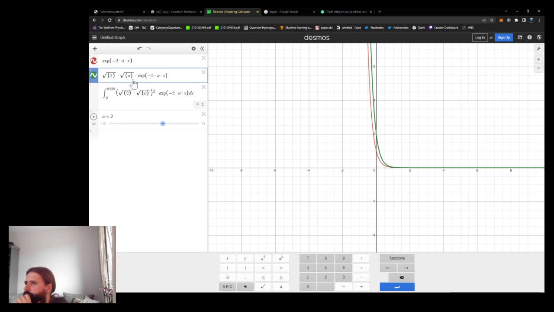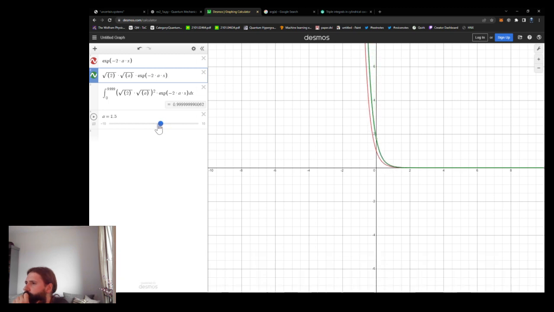The boundaries will depend on A, definitely. I mean, that's definitely n, because square root of 2 times square root of 2 is 2, so this will really be n in this case.